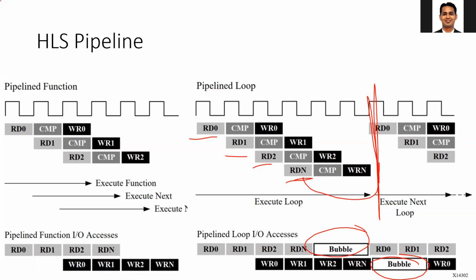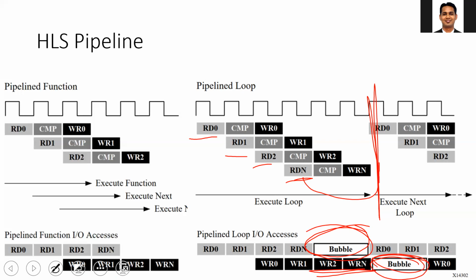And what is the bubble here? Here, a bubble is a point where no new inputs are being read. So you can see that no new inputs are being read as the loop completes the execution of the final iterations. So the loop is completing its final task in that particular loop execution, so no new inputs are being read. Or a point where no new outputs are being written when the new loop starts executing from scratch.